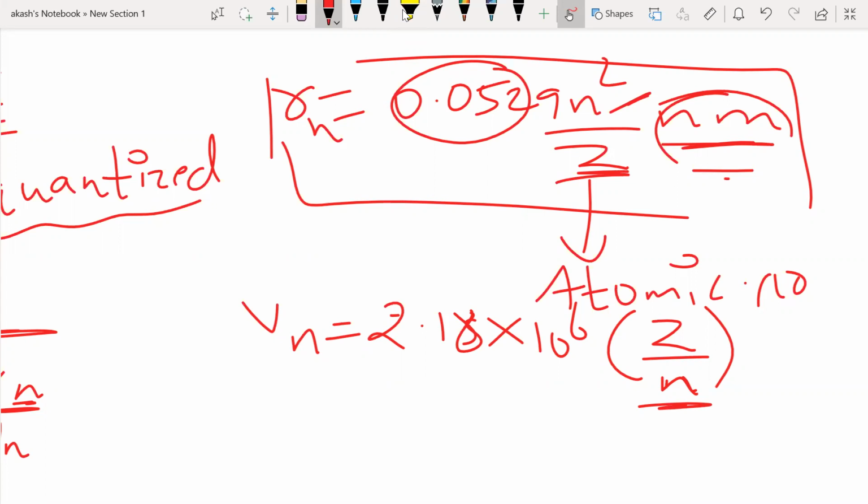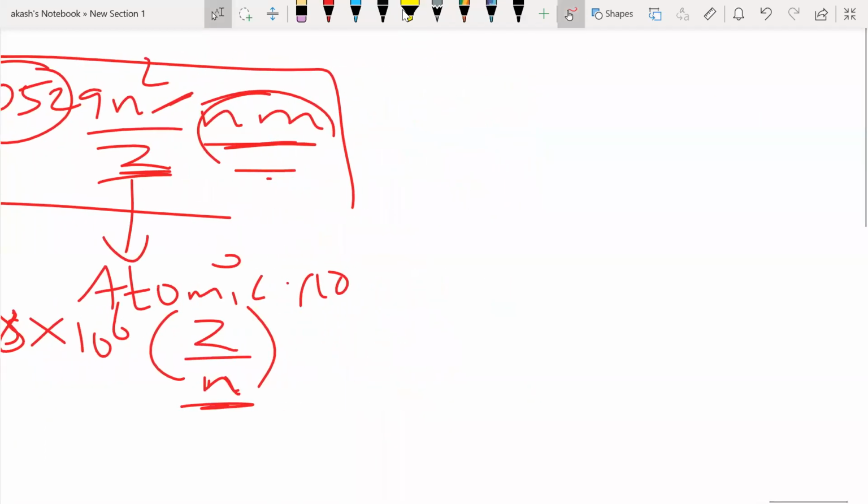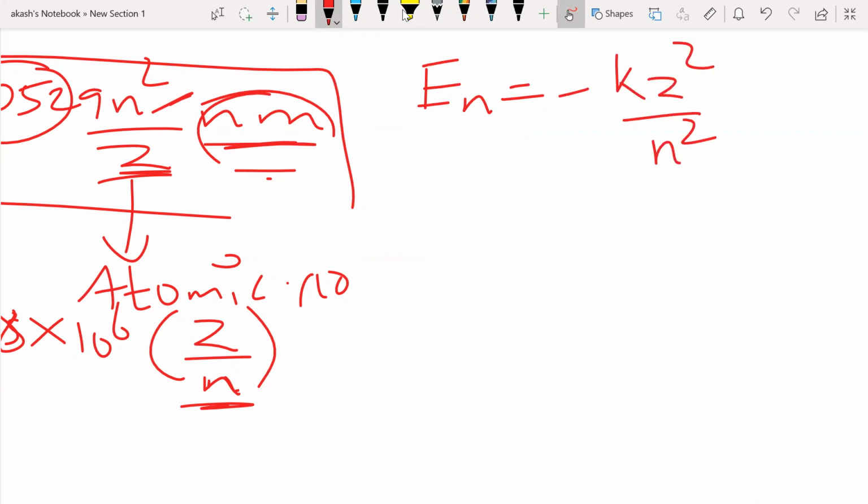Let me give you the energy, En. Next is the energy of the electron in the nth stationary orbit. That is minus k Z squared by n squared.